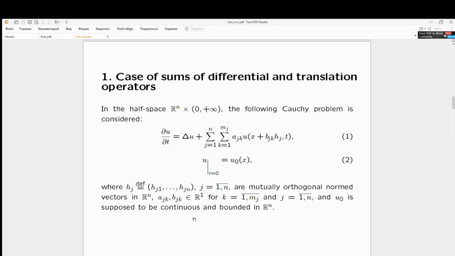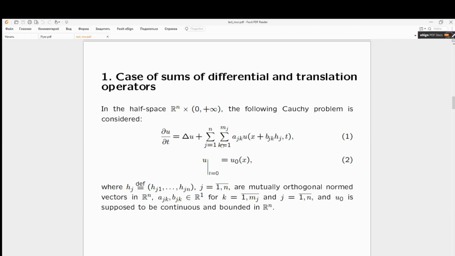So you see here each h is a vector from Rn. They are mutually orthogonal, they are normed, and the coefficients ajk and bjk are just real constants.